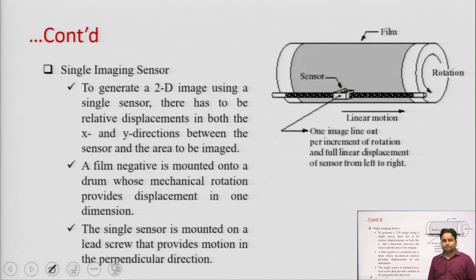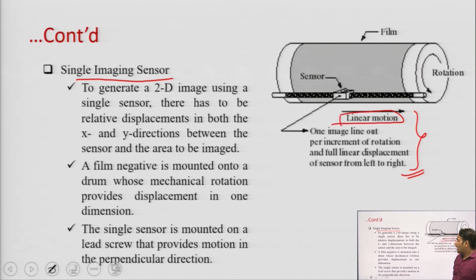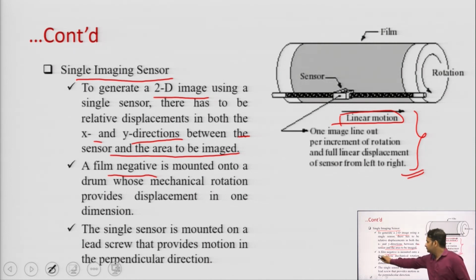After that, if we talk about another kind of sensor, that is the single imaging sensor, then you can see that kind of phenomenon is there, that linear motion you may observe here, and to generate the two dimensional image, x and y direction between the sensor and the area to be imaged. After that, the film negative is mounted onto a drum.